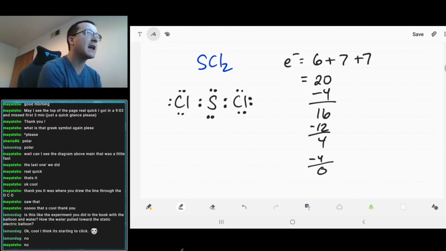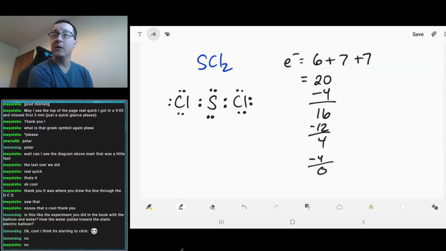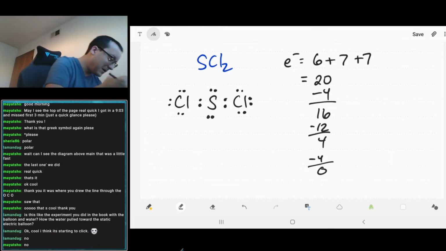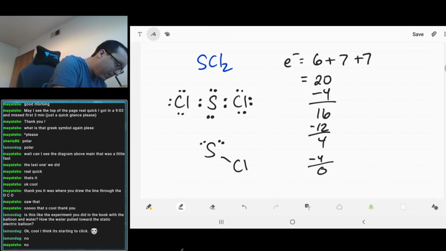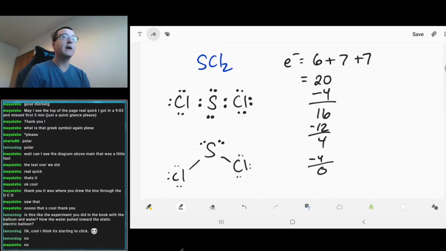Does everything look like it has 8? Looks like it to me. I actually like this drawing. You can see 8 very clearly on all of the atoms. And so this is the molecule we'll end up with.